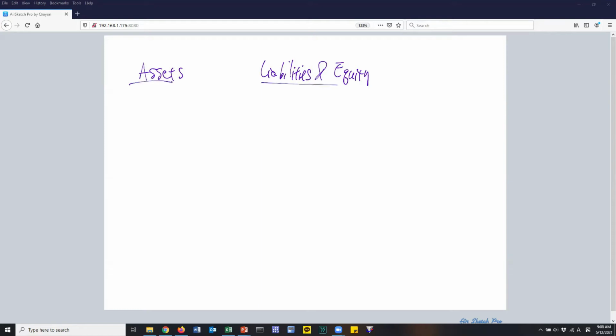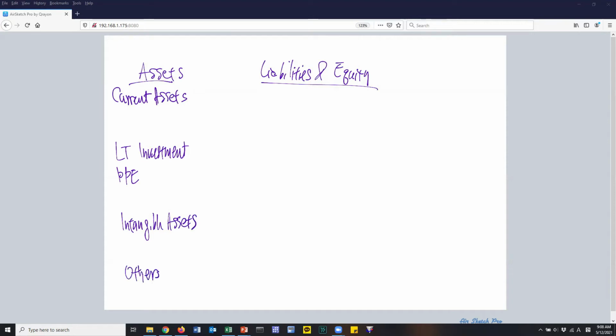Then within the balance sheet, in a classified balance sheet, we have current assets, long-term investments, PP&E, intangible assets, and others.